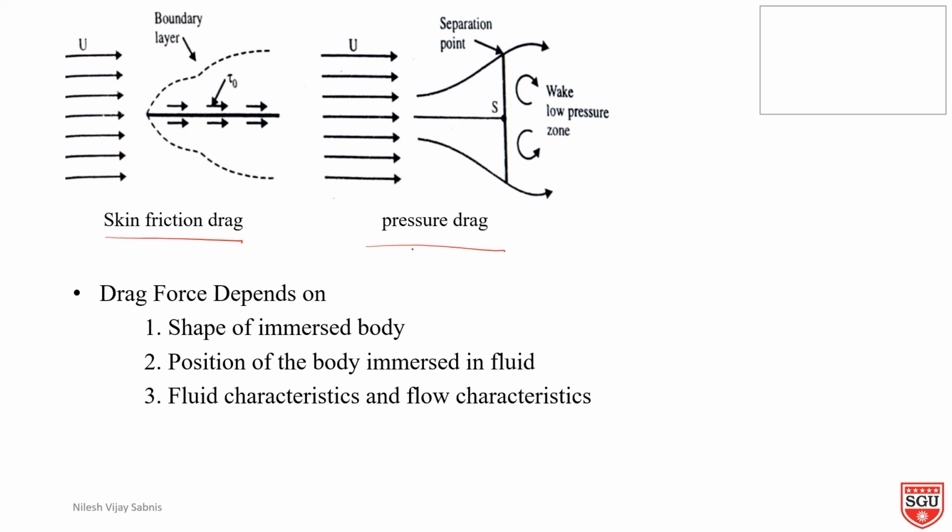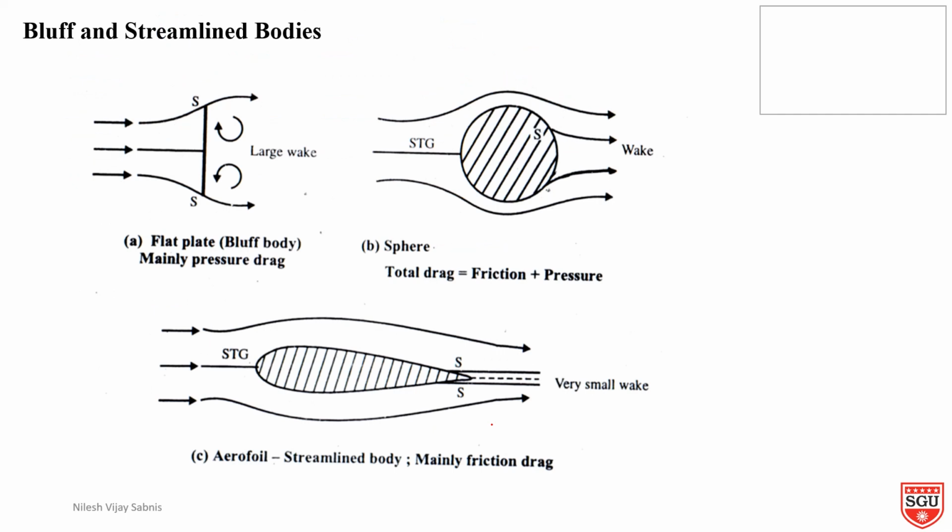For pressure drag, the body is kept in the direction perpendicular, so wakes are created and a low pressure zone is formed. Drag force depends on the shape of the immersed body, position of the body immersed in the fluid, fluid characteristics and flow characteristics. There is one concept: bluff and streamline bodies.